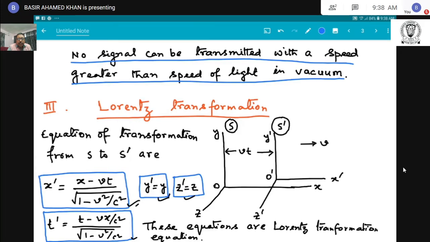Then the equations of transformation from S to S dash are x dash equal to x minus vt by root over 1 minus v square by c square, y dash equal to y, z dash equal to z, and t dash equal to t minus vx by c square, divided by root over 1 minus v square by c square.